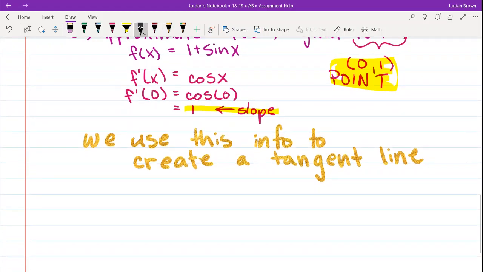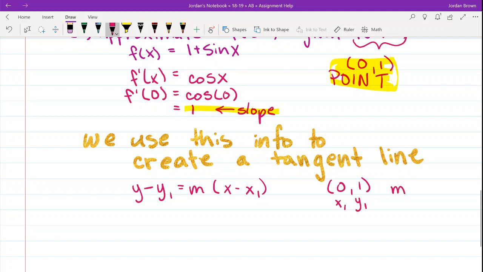And the way that we're going to do that is we are going to use y minus y1 equaling m times x minus x1. So with our point, this is x1 and y1, and our slope is the tangent slope, which is 1.